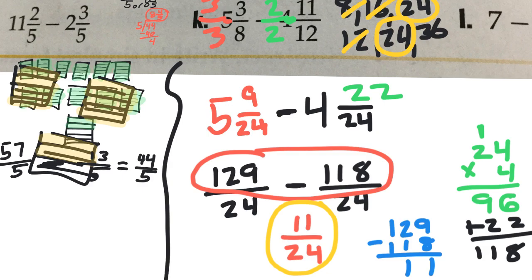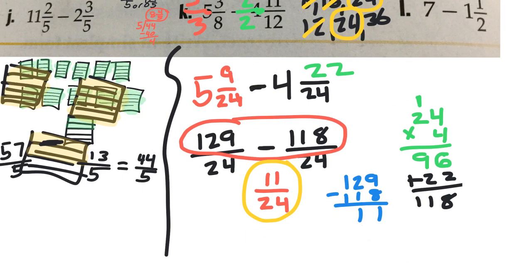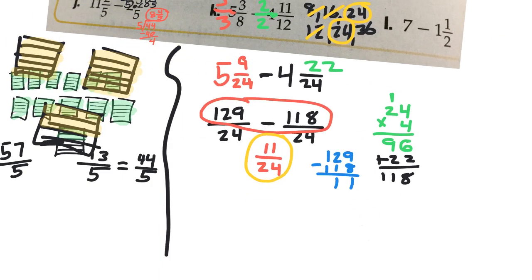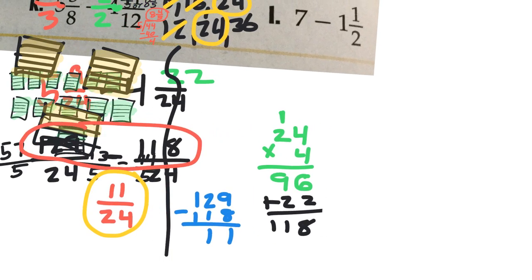So that would be your final answer on K: 11 over 24. Do you turn that into a mixed number? No, it won't turn into a mixed number because the top is smaller than the bottom, right? If the numerator is smaller, then it can't be a mixed number. Any questions there?